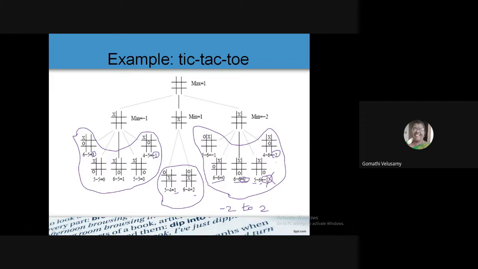And here you are having min as minus 2. Again there is the max layer, which is choosing the value as 1. So what it indicates is, when the player has a move like this, player 1 move, this is player 2 move, and this is again player 1 move, and if player 1 has done this, and player 2 has done this, player 1 has the possibility of winning.